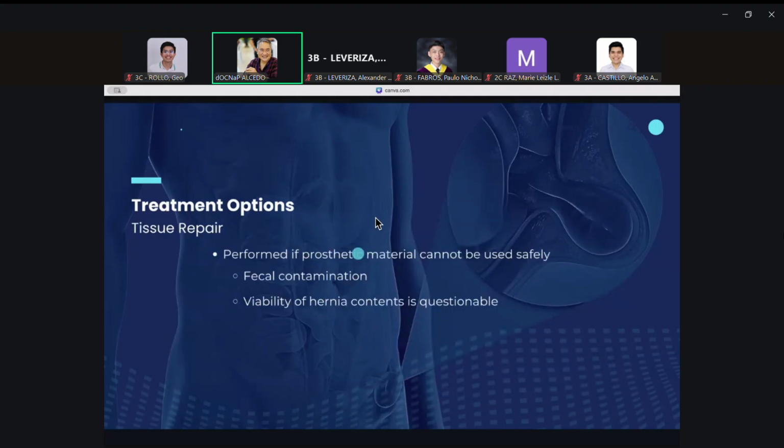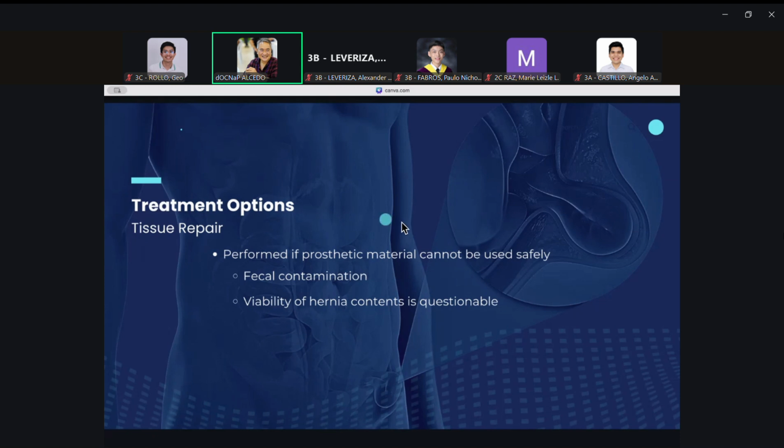Tissue repair is performed if prosthetic material is not available or the surgeon is not confident that it can be safely performed, especially in dirty, contaminated hernia repairs. No?